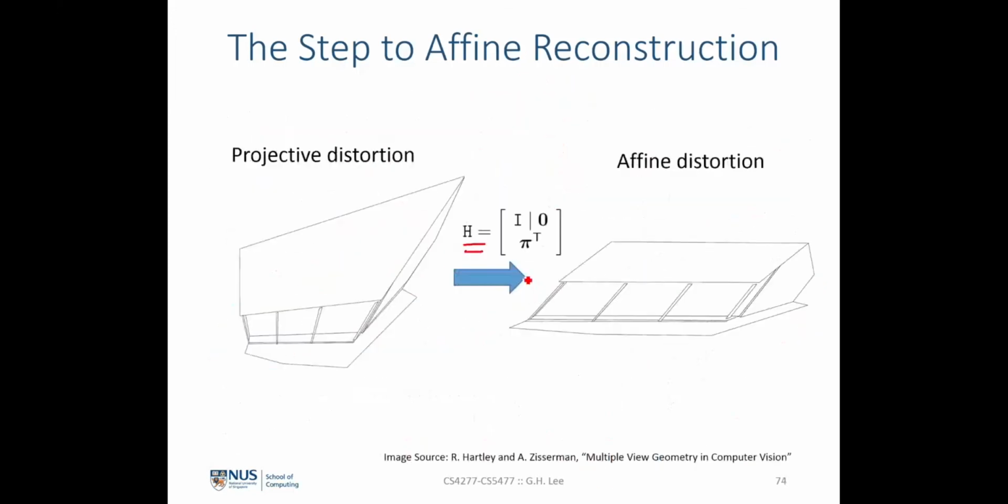And what we will see is that now parallel lines become parallel, and the parallel lines will intersect at the plane at infinity, which is located at an infinite location. But what remains would be an affine distortion, where the angles between lines are not recovered and they still remain distorted.